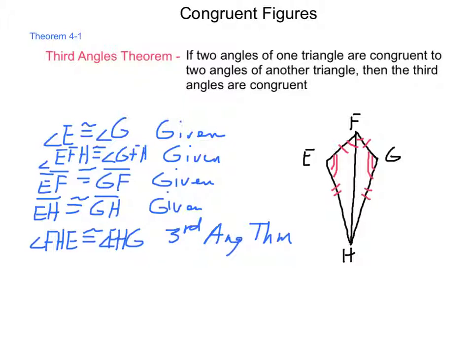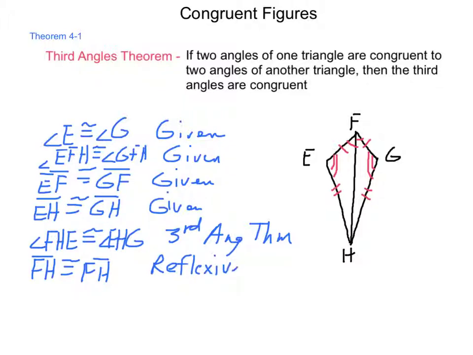Now we need that last side. Well, FH is congruent to FH, and the justification for that is the reflexive property of congruence.